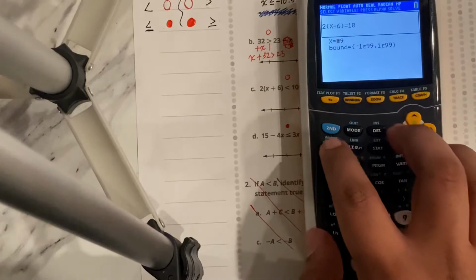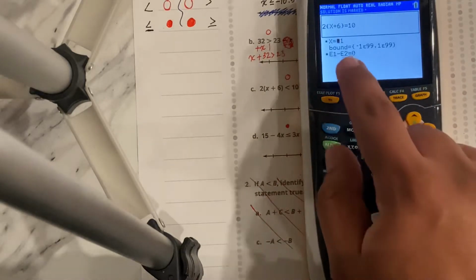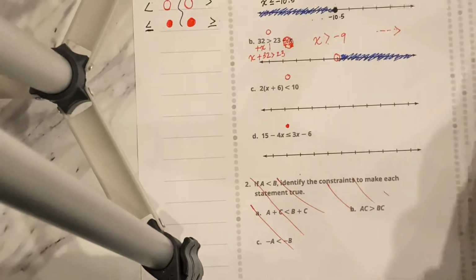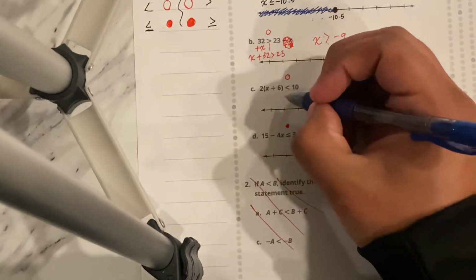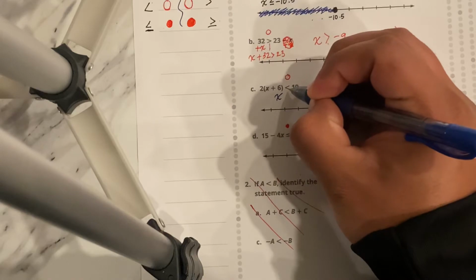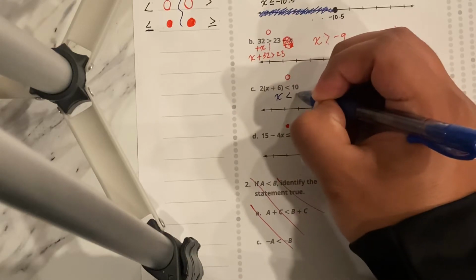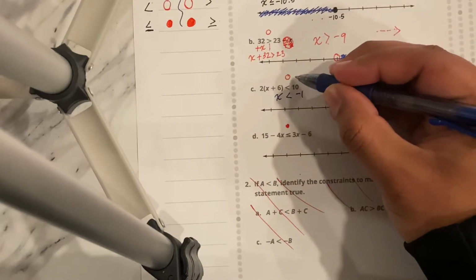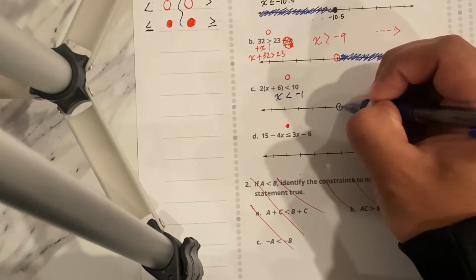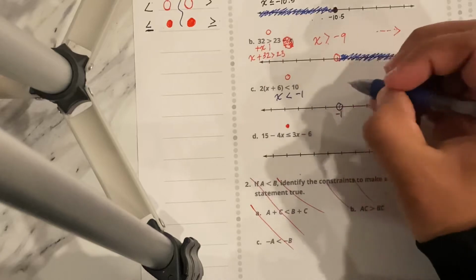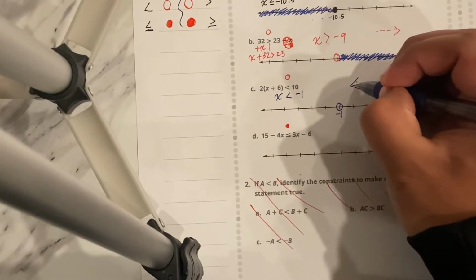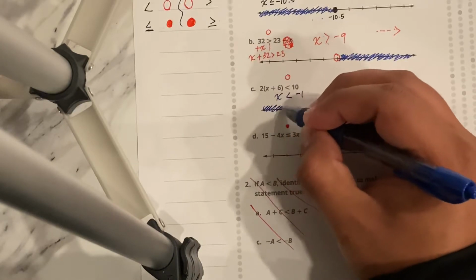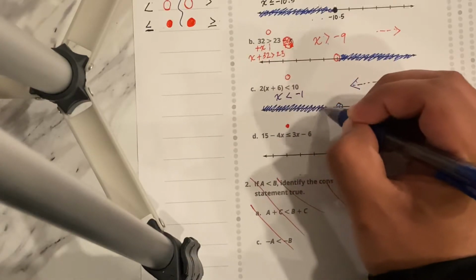Looks nice. Alpha, enter, negative 1. Come over here. x, symbol stayed the same. There was no negatives. Negative 1. Put it right in the middle. Open circle. Negative 1. Take out the symbol. It's going in that direction. So just color all this.